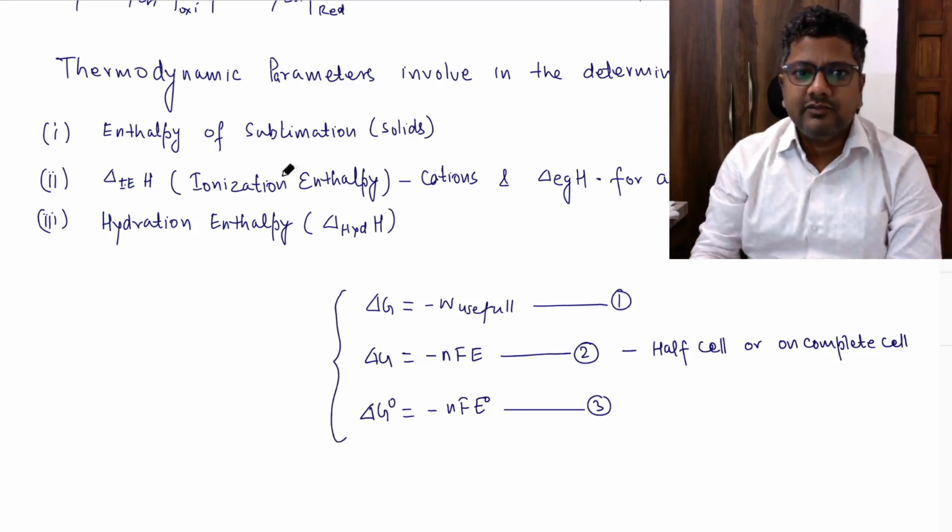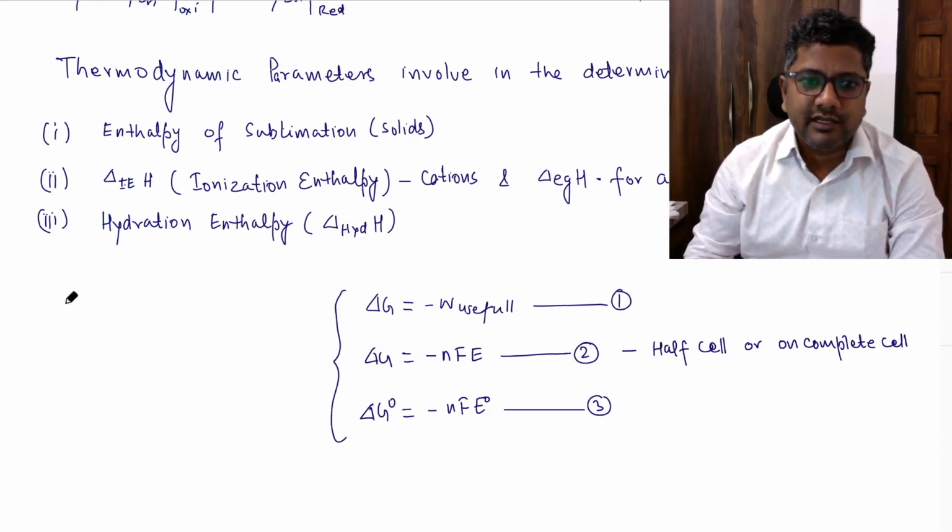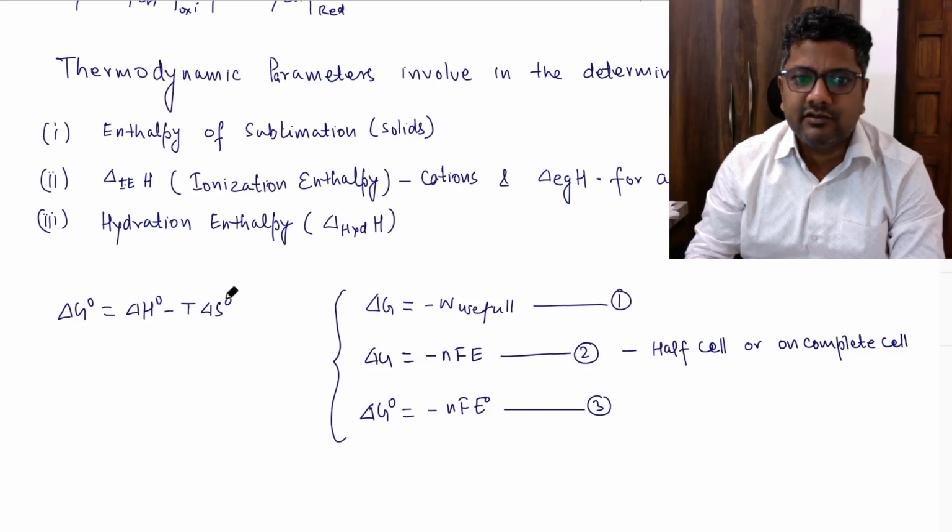And delta G you can calculate by using these parameters. Delta G naught is equal to delta H naught minus T delta S naught. So this is equation 4.